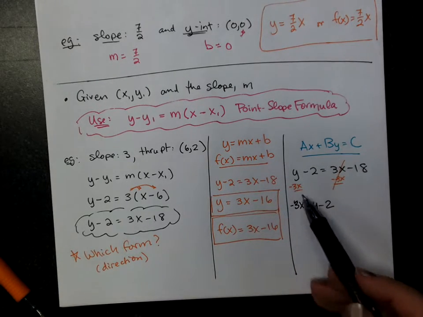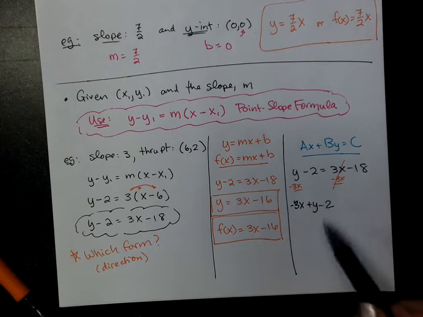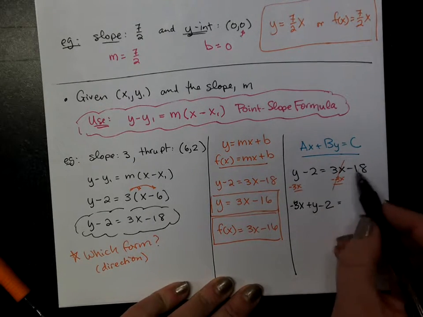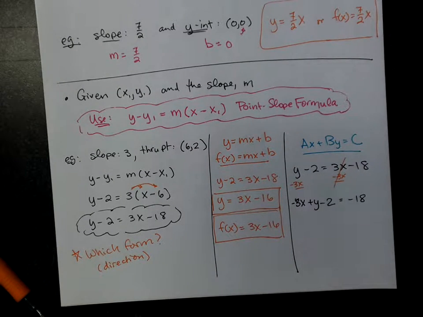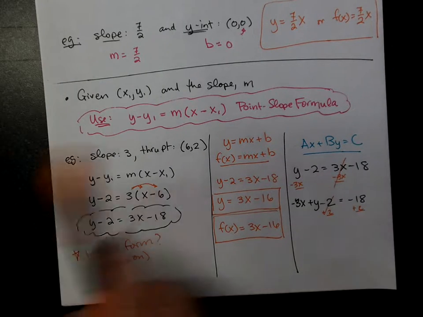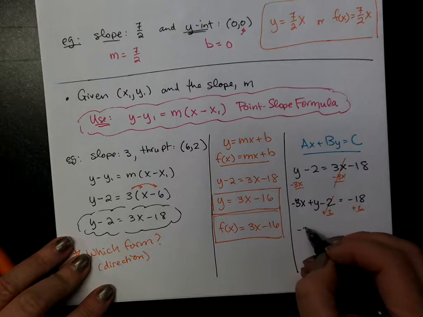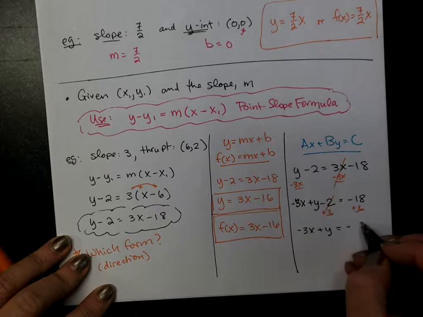Those are unlike terms, so I just put them in alphabetical order. Negative 3x plus y minus 2 is equal to negative 18. And now I will move my constants over to the right, so plus 2 on both sides, giving me negative 3x plus y is equal to negative 16.